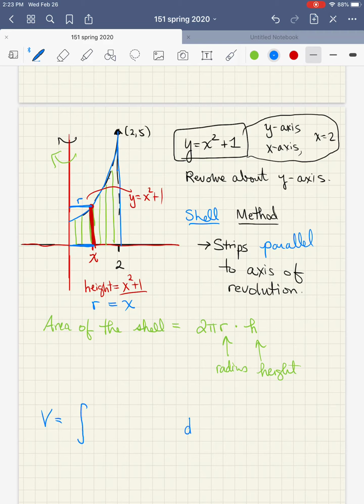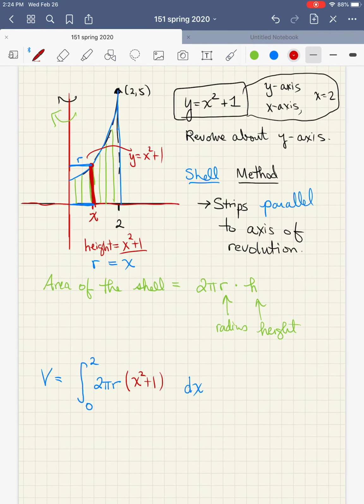So I'm going to be integrating with respect to x, and x is ranging from 0 to 2. And I want to do 2 pi r times that height. Right? And now I just want to do one more substitution. What was r? We said r was equal to x.